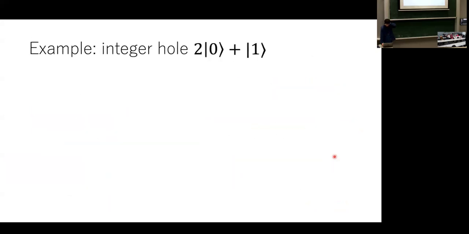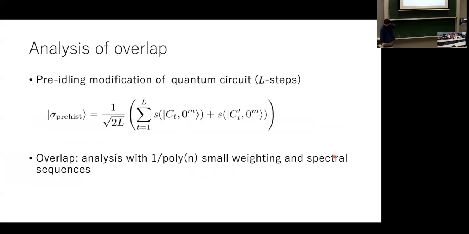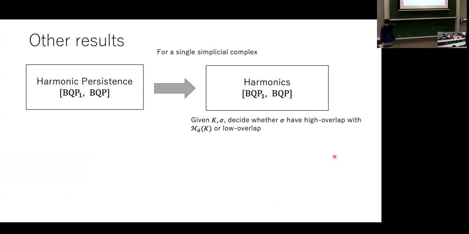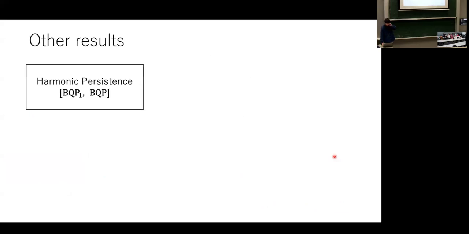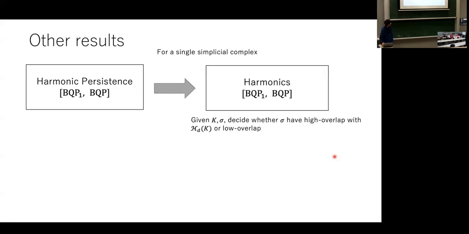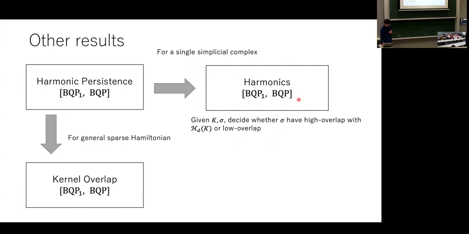Okay, maybe I will conclude. We have considered other formulations in the paper as well. I have talked about this harmonic persistence problem, which is based on a pair of simplicial complexes, but we can also show a problem for a single simplicial complex that has similar complexity.